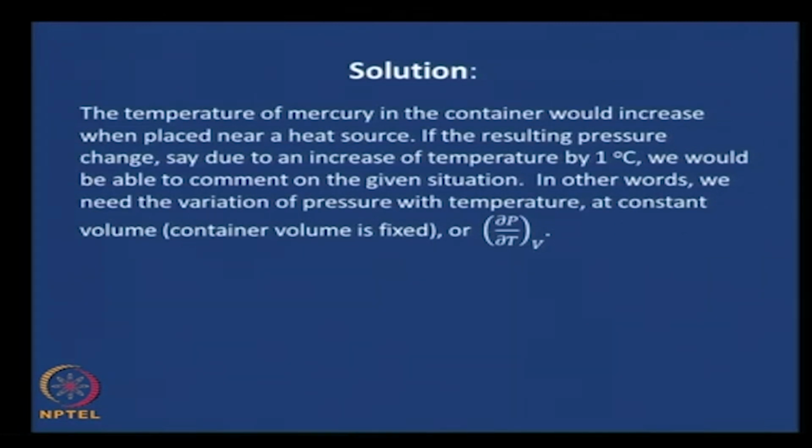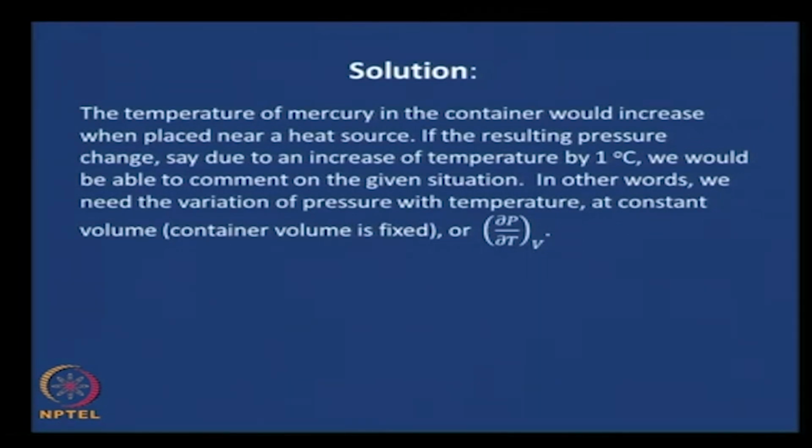If we know the resulting pressure change, say due to an increase in temperature by 1 degree C, we would be able to comment on the given situation. If the pressure is going to exceed the pressure that the vessel can withstand, there is going to be an explosion, or there is going to be a disruption of the vessel, and therefore spillage of mercury into the lab.